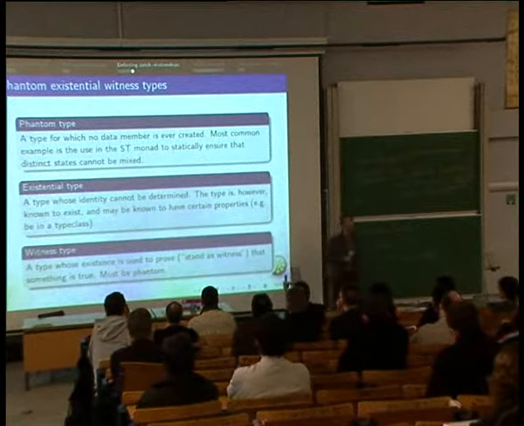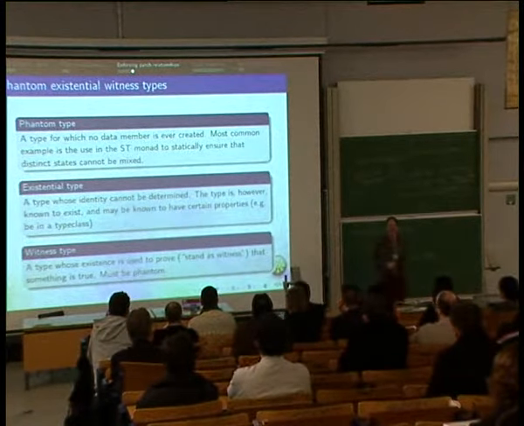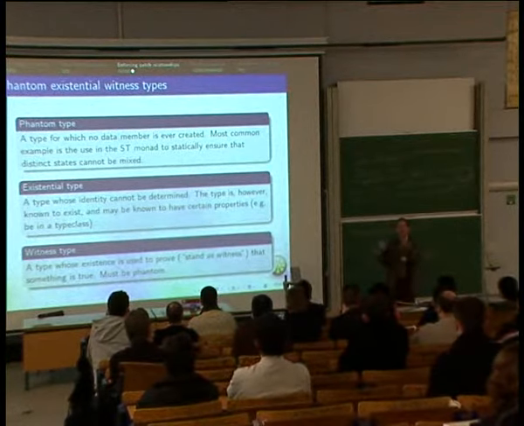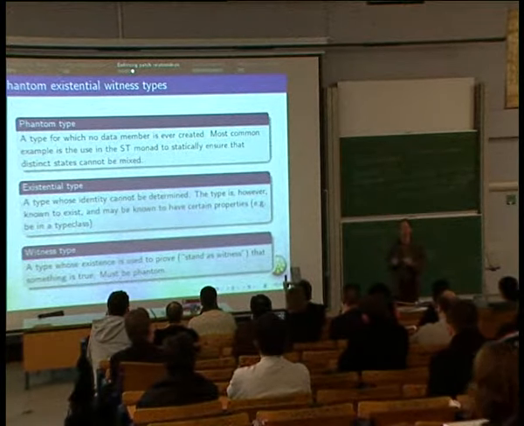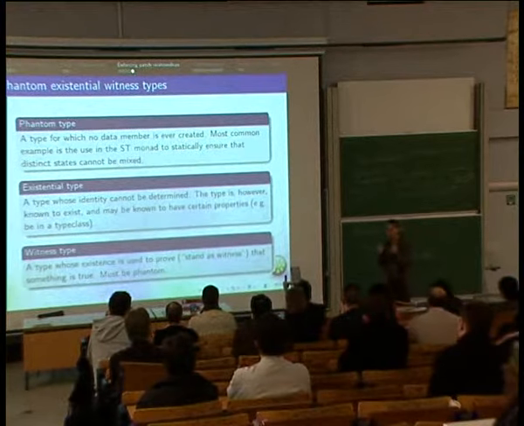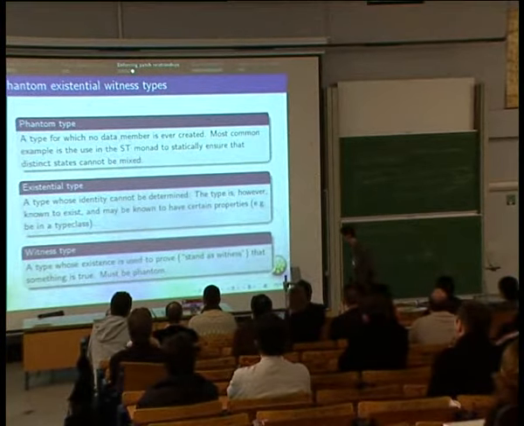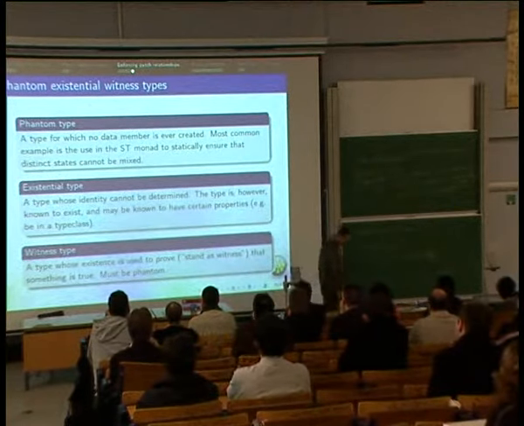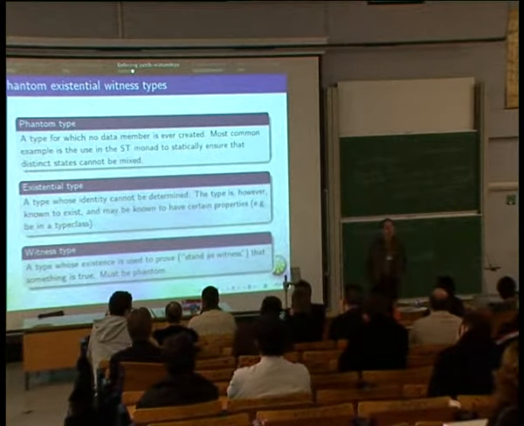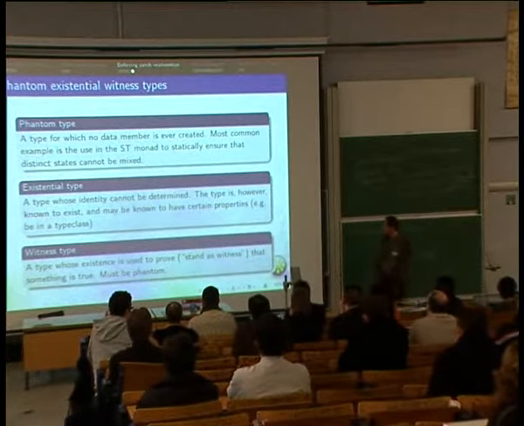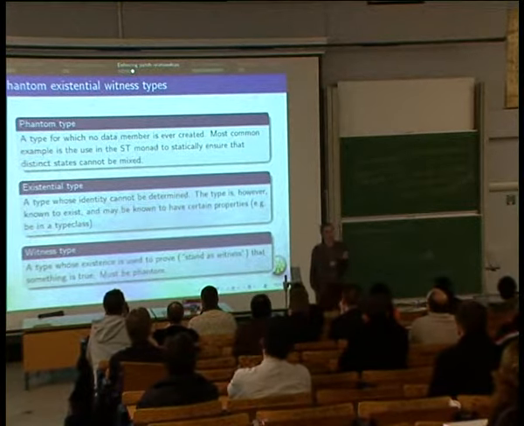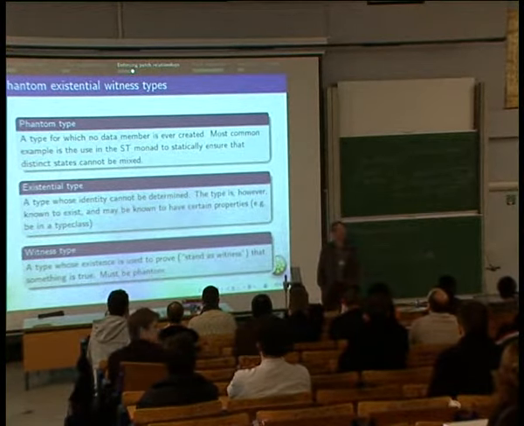Existential types are types whose identity you can't determine, which means that you can make it impossible for someone to generate a new object of the same data type because it's existential and they can't know what the same type is. And that allows us to enforce restrictions on what people can do with our code. People meaning Darcs developers. Finally, a witness type is any type whose existence proves some property.